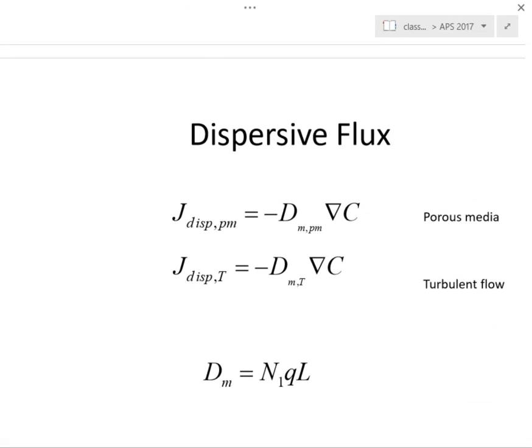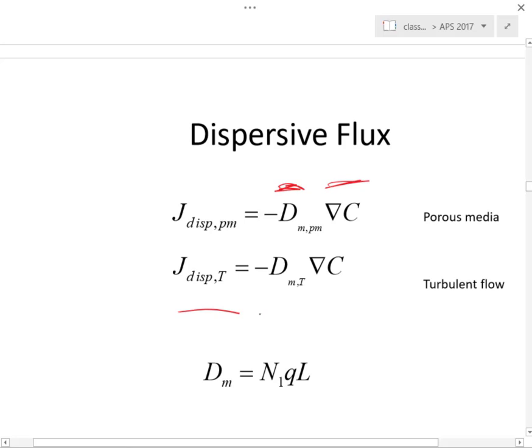So what I want to do is introduce this concept of a dispersive flux, where we've got a mass flux, and it depends on a concentration gradient. And there'll be a dispersion constant here.